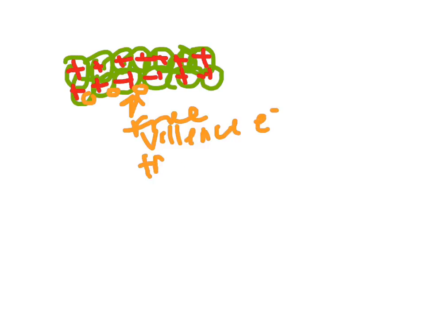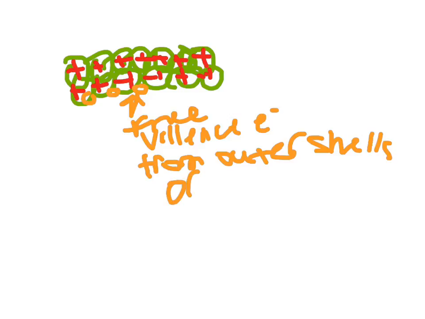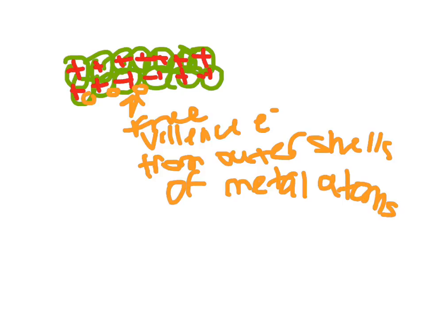These are free valence electrons from outer shells of metal atoms. Alright? And then these are metal ions, obviously, as you can tell, because they're pluses. So they're metal ions, which are what?